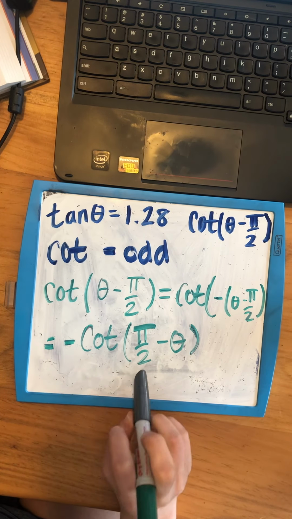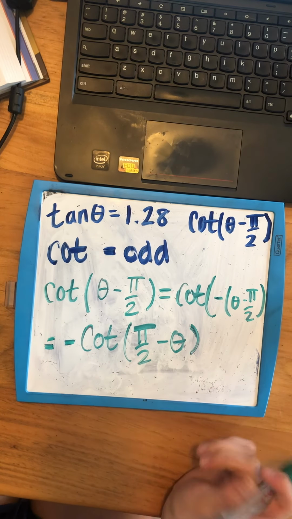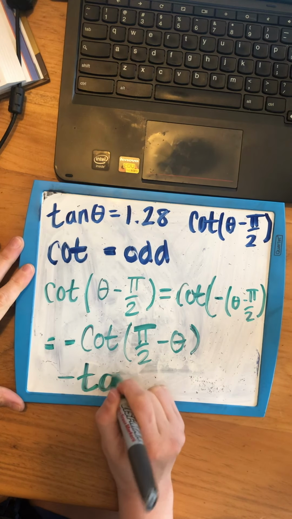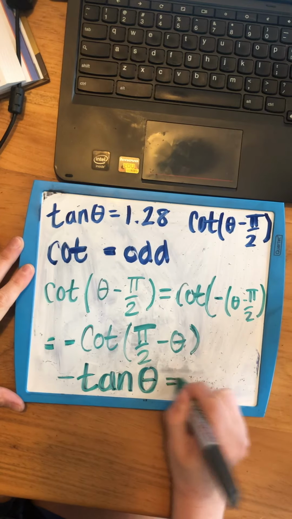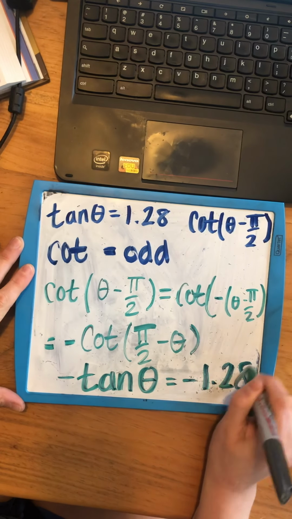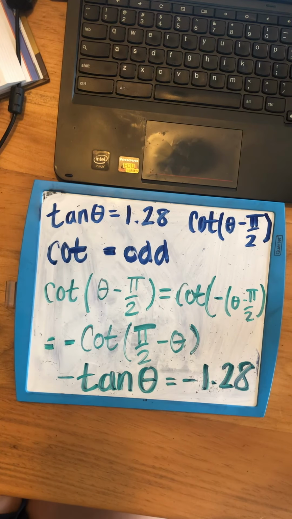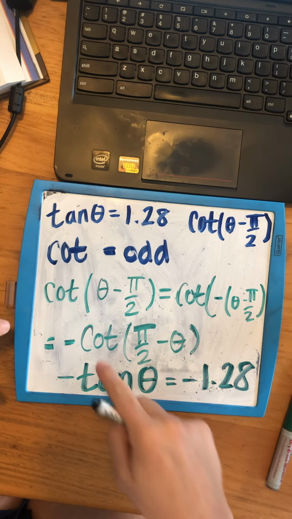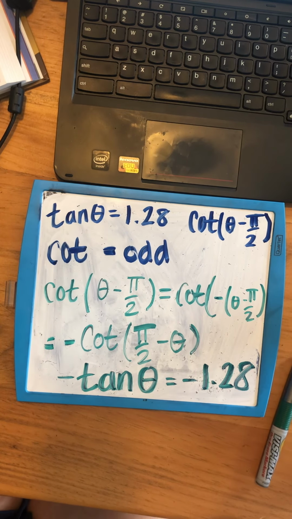Which cotangent of pi over 2 minus theta is just tangent. So this is equal to negative tan of theta, which is negative 1.28. So there we used the even and odd identities, and then we used the fact that cotangent and tangent are complementary or cofunctions.